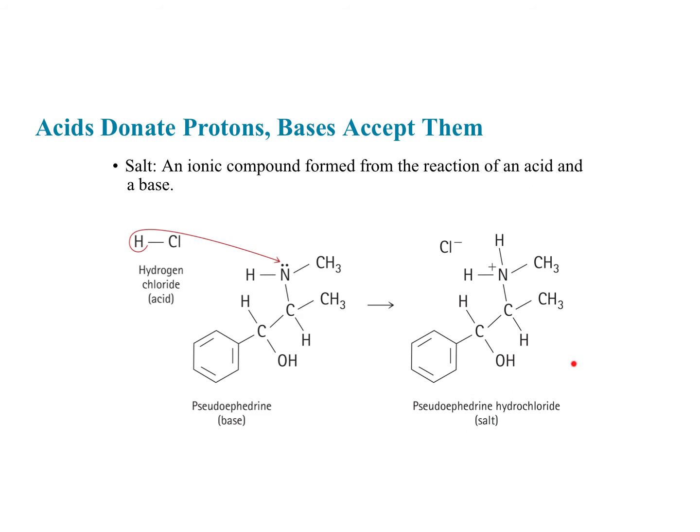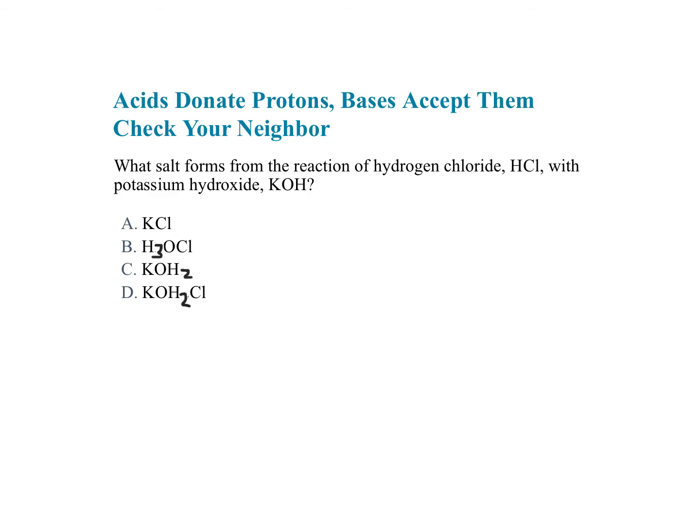Now, this chemical is obviously way more complicated than most of the reactions we've looked at, but the same basic principle applies. If you donate a proton, you are an acid. If you are accepting a proton, you're a base. And if you have a reaction where an acid and a base combine, they can form a salt.